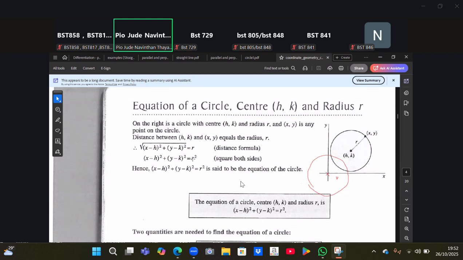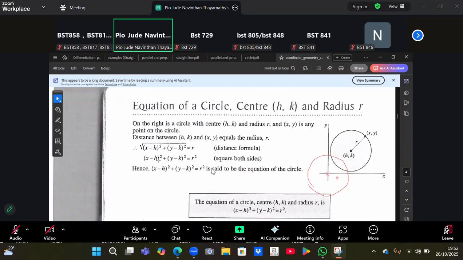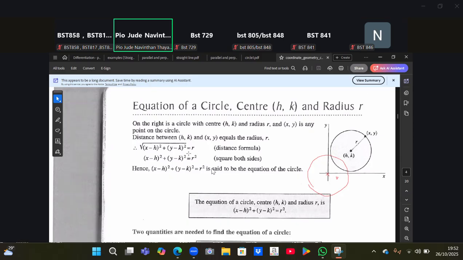Shall we check (0, 0)? If x equal to 0 and y equal to 0, because it is (0, 0), we get x square plus y square equal to r square. That's our equation. The original equation is this one. For the particular case, the center is at (0, 0), we are using that.